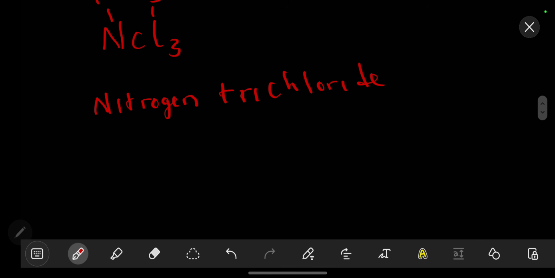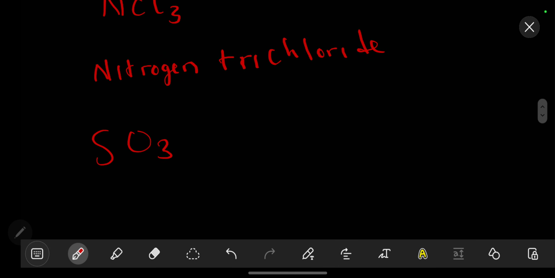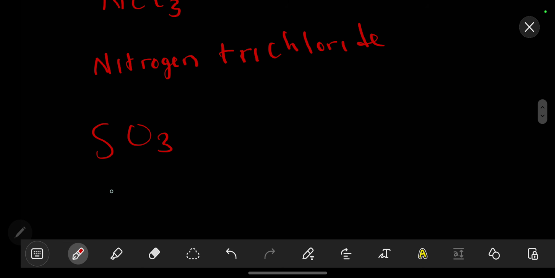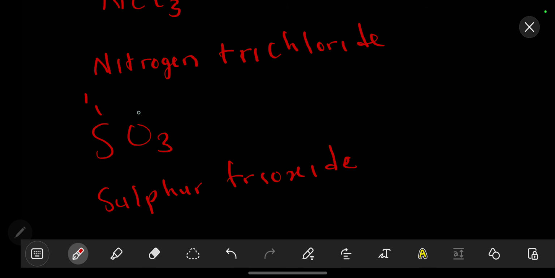When we look at our next one, if we have SO3, the name of this compound will be sulfur trioxide, since there is 1 sulfur and 3 oxygens.